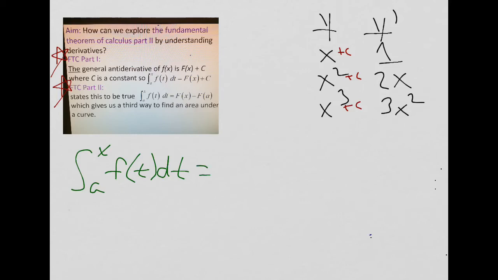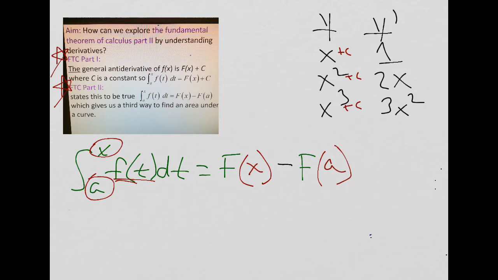Okay, so we do capital F, the antiderivative of this, and we plug in our upper limit of integration, and we subtract F of our lower limit of integration into our antiderivative.